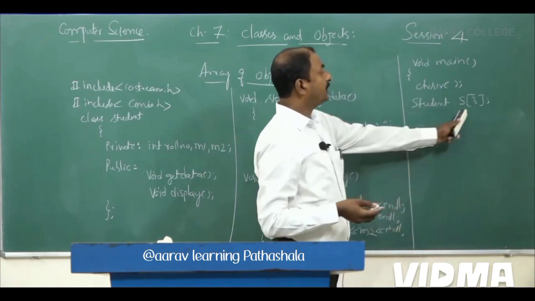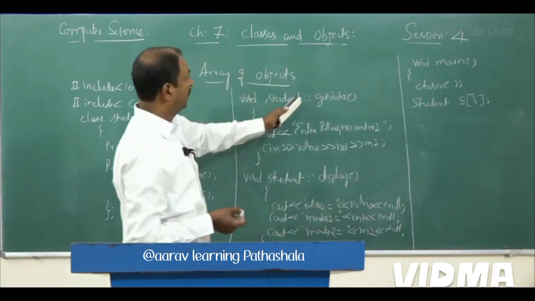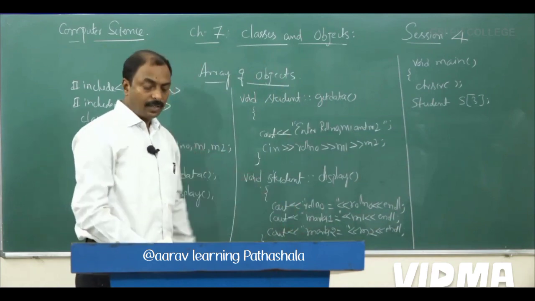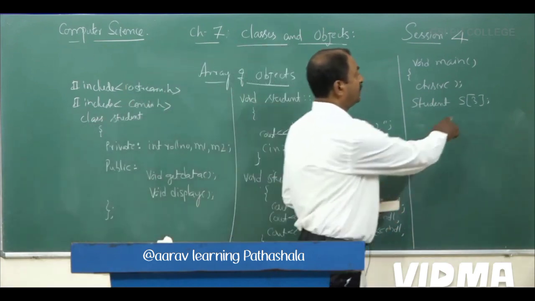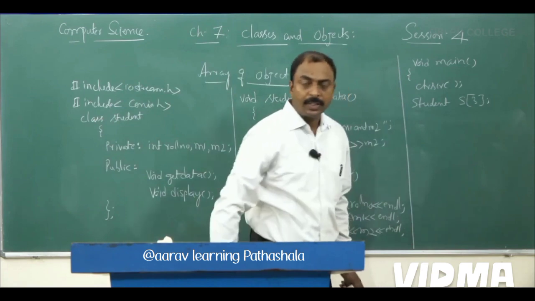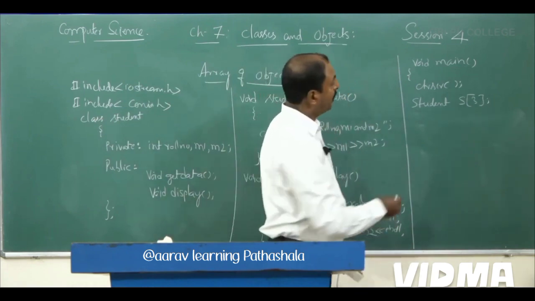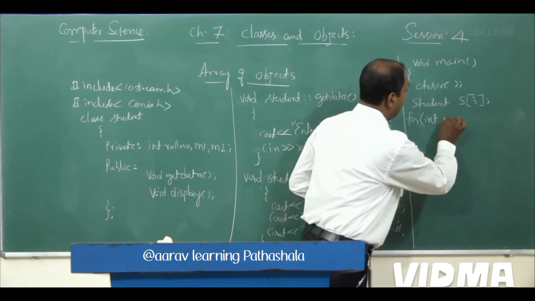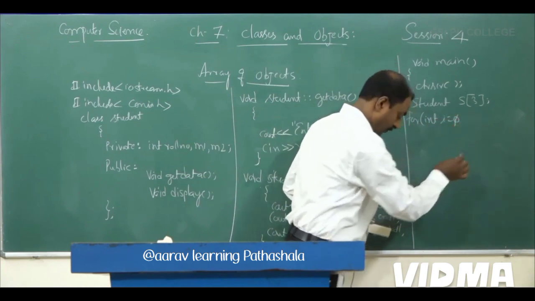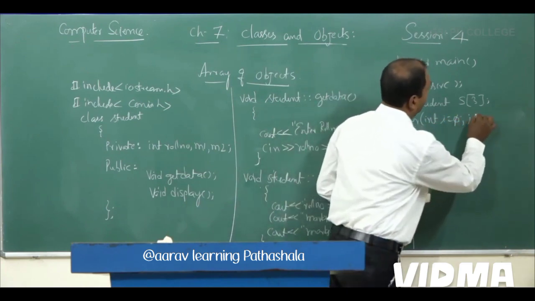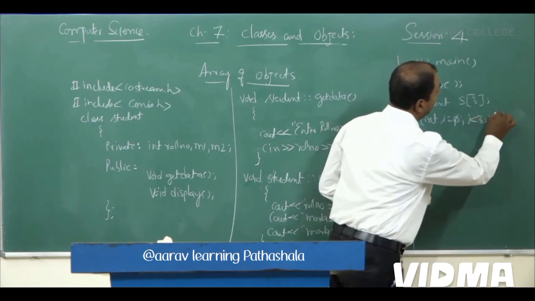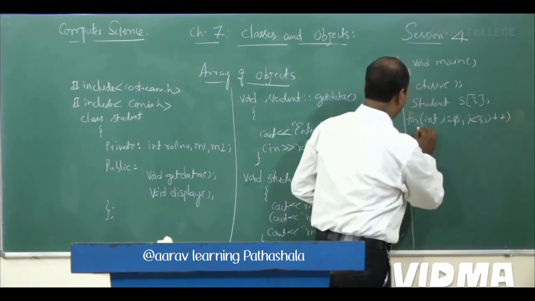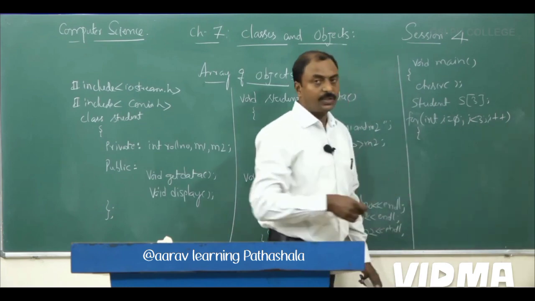Next we have to call these functions in order, one by one. Because it is an array, they have to be called inside a for loop. So we'll start with the for loop: for int i equal to 0, i less than 3 and i plus plus. Here we have to call the function one by one.